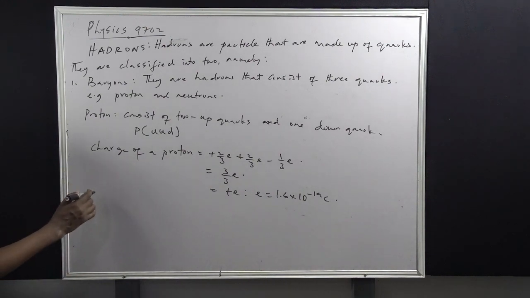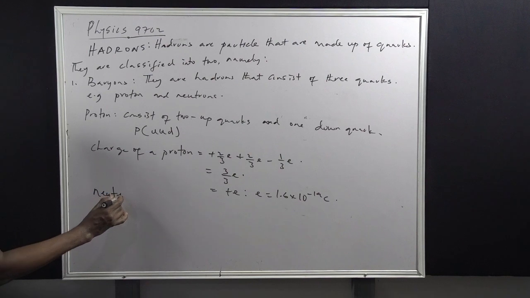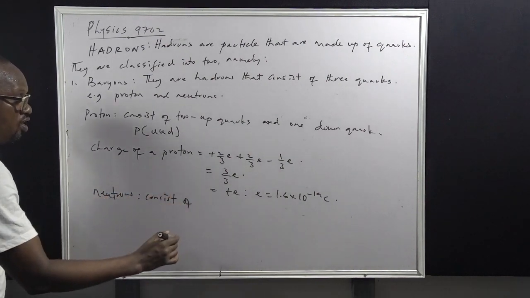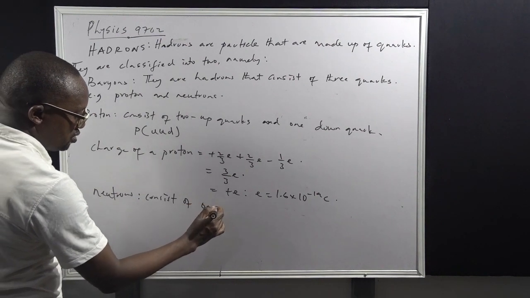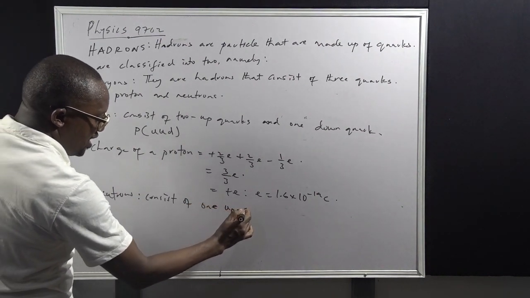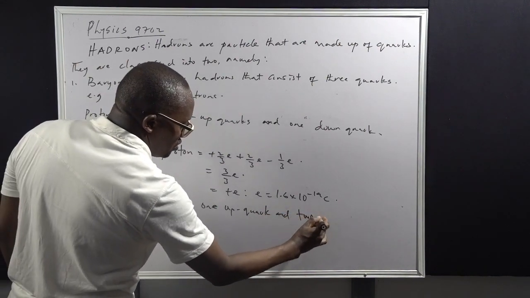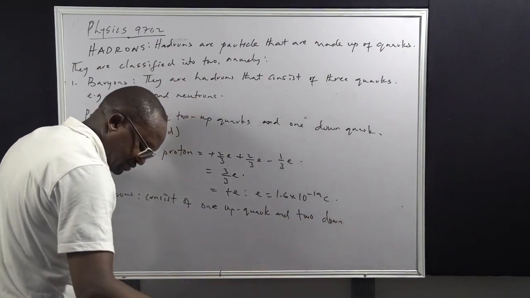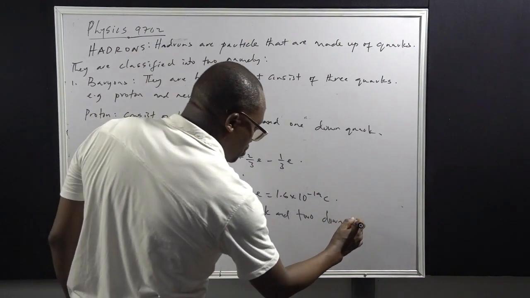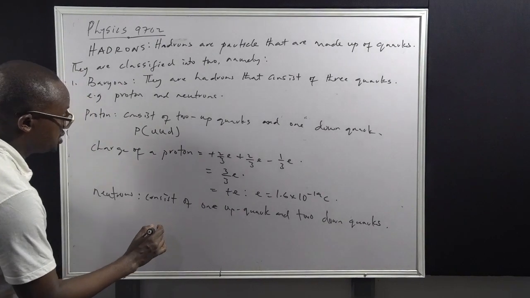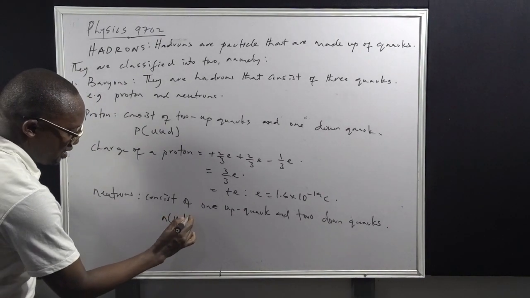Then 2, neutrons. Neutrons consist of one up quark and two down quarks. So neutron is basically up, down, down.